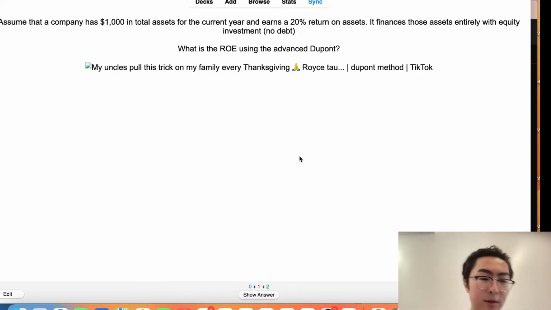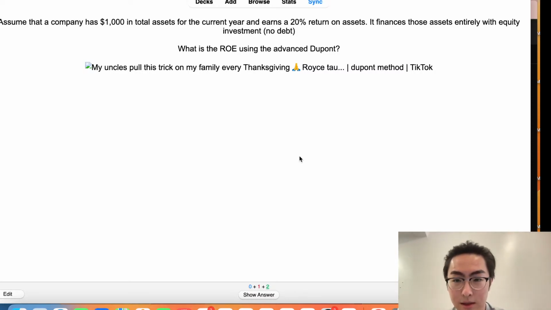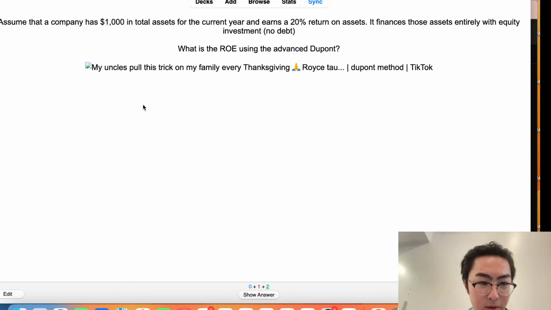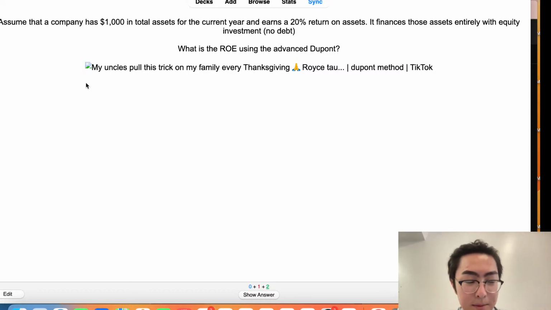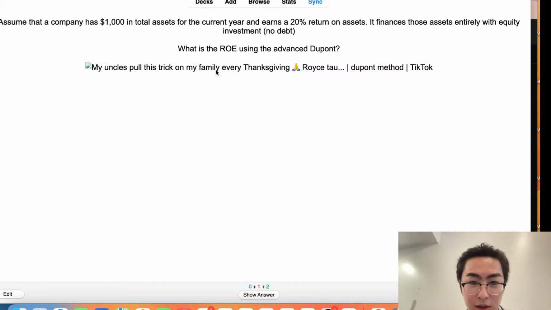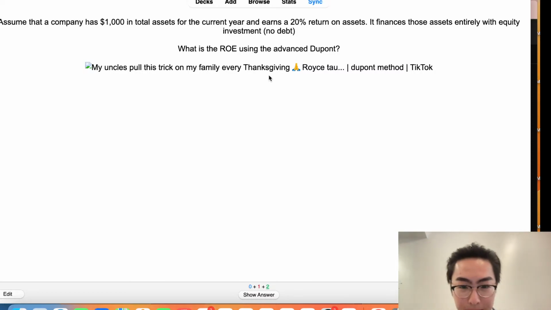Here. Assume that a company has $1,000 in total assets for the current year and earns a 20% return on assets. It finances those assets entirely with equity investments, no debt. What is the return on equity using the advanced DuPont?